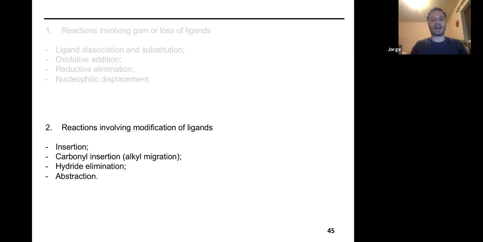We also can have hydrogen migration or hydride elimination and abstraction. Today I will cover insertion and alkyl migration.